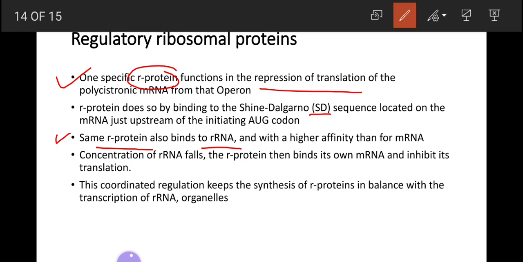But if the concentration of ribosomal RNA falls, these proteins will bind to the mRNA, so that no more ribosomal proteins can be formed, and it inhibits its translation. This coordinated regulation keeps the synthesis of ribosomal proteins in balance with the transcription of ribosomal RNA.